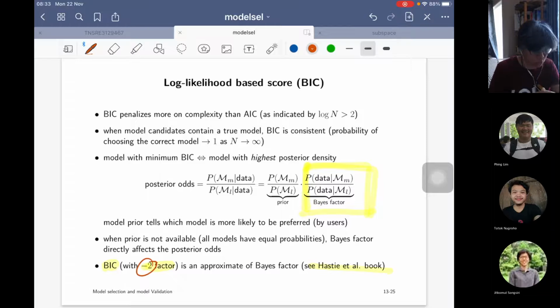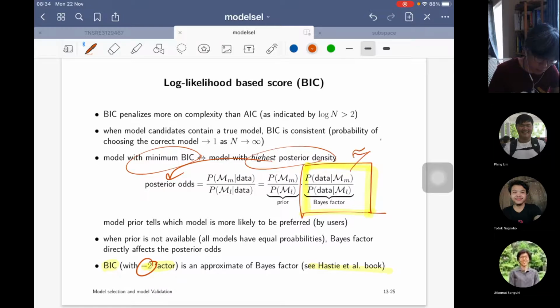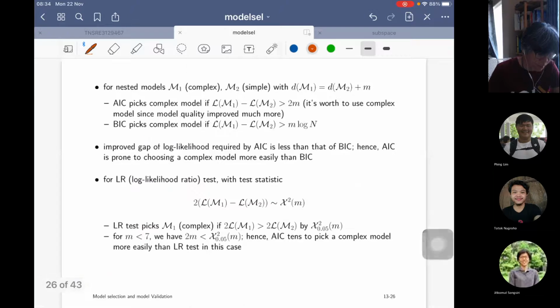But with the -2 factor, you have to flip the sign, flip the meaning a little bit, which means the model with the minimum BIC will relate to the highest posterior odds through the Bayes factor, because BIC is an approximation of the yellow box, probably with the flipped sign as well. So that's the meaning.